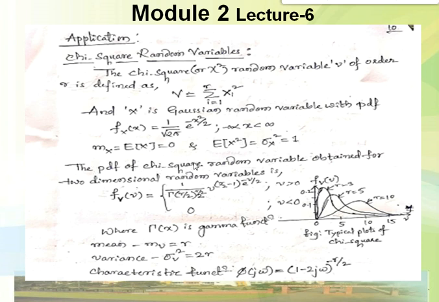The PDF of the chi-square random variable obtained for two-dimensional random variables is f_V(v) equal to 1 divided by gamma of r by 2 times 2 raised to r by 2 in the denominator, and v raised to r divided by 2 minus 1, e raised to minus v by 2 when v is greater than 0, and when v is less than 0 it is 0.